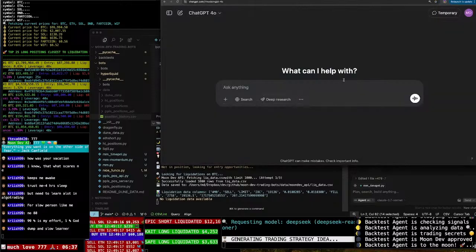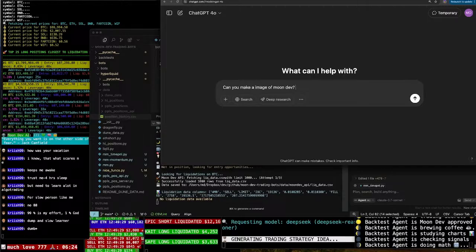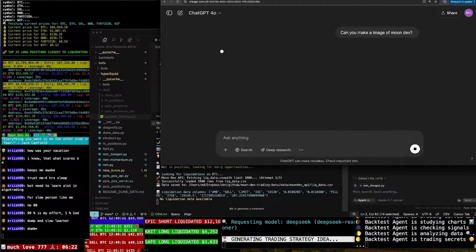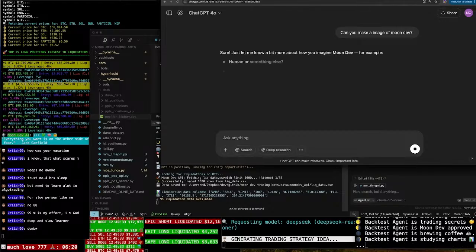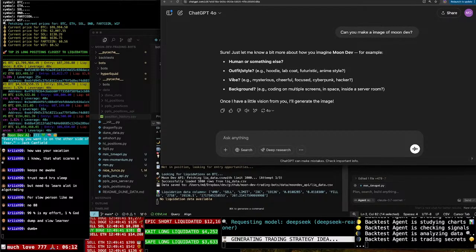Let's go to ChatGPT and try out this new image thing. Can you make an image of Moondev? Okay, you don't even act like you know him.